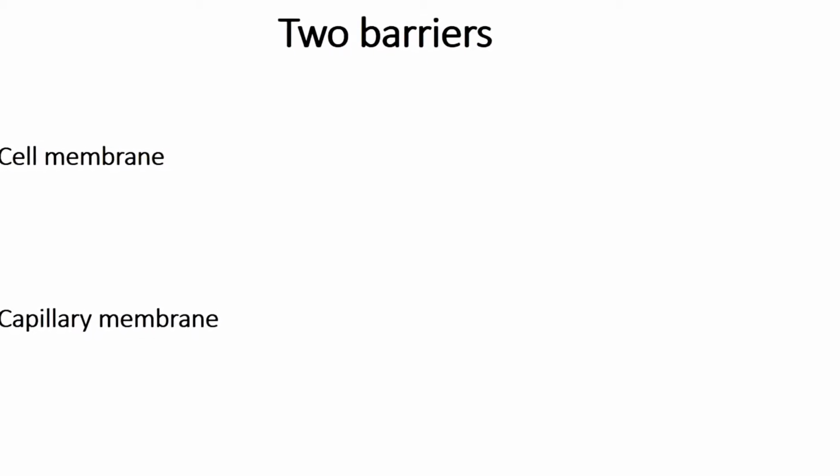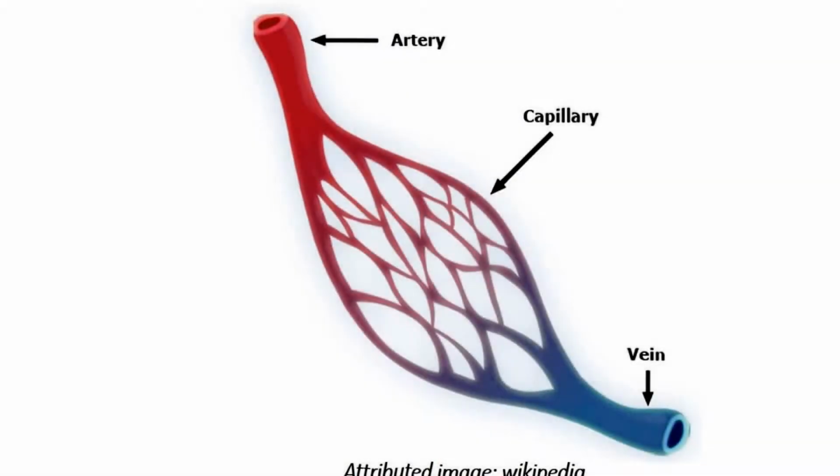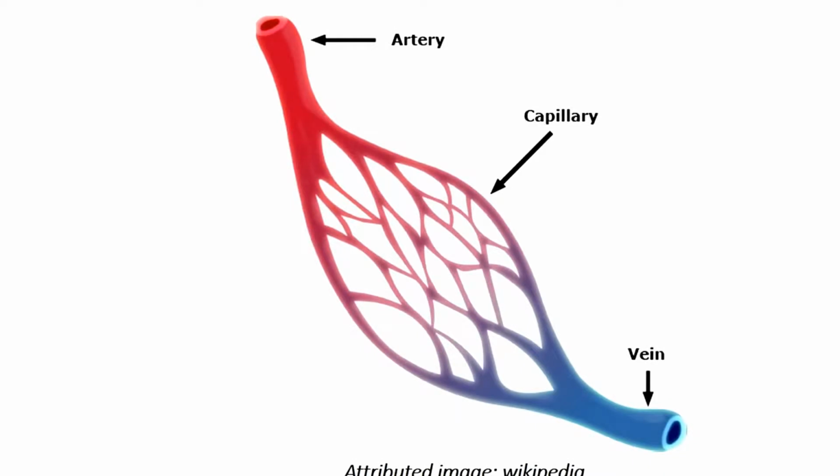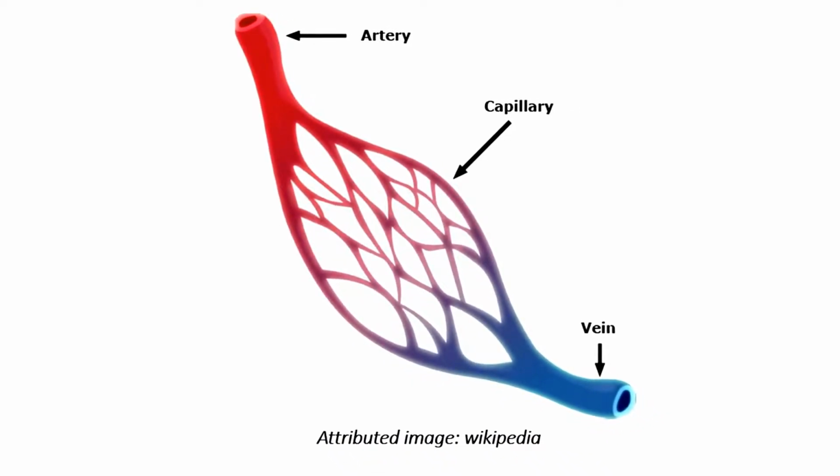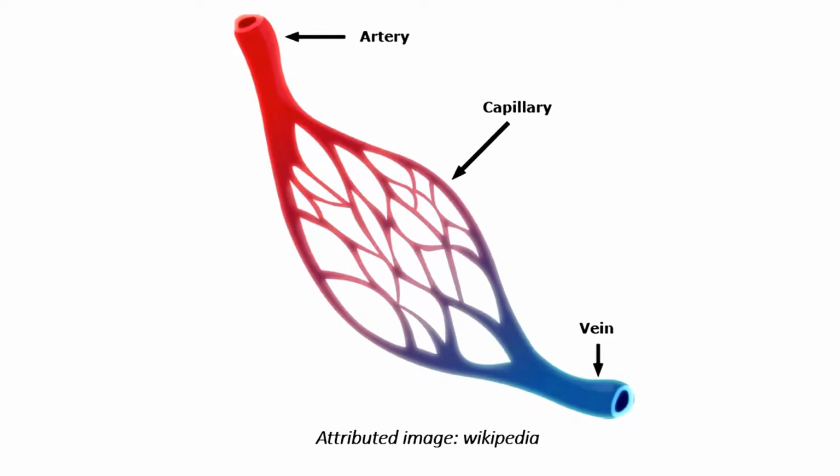The second barrier that I'd like you to consider is the barrier that divides the extracellular space, that between the actual plasma volume and the interstitium. This is an endothelial-lined membrane that is particularly important when one considers a part of the circulatory system known as the capillary bed.